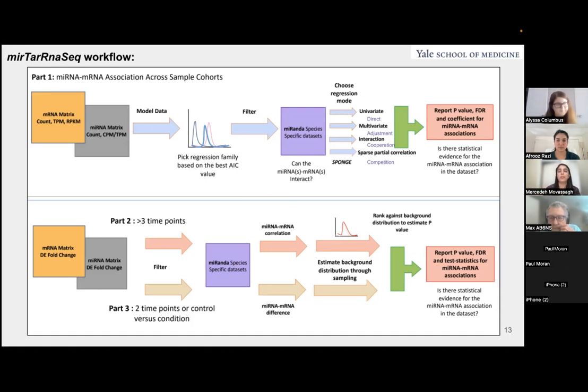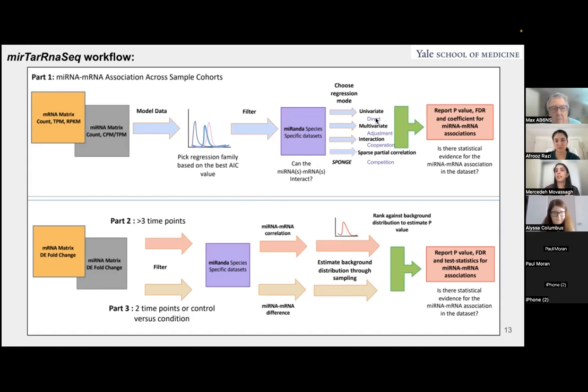So what you have to do is basically pick a model that best fits this relationship. So these all could fit to a distribution. So in order to pick the appropriate distribution, you have to basically model this relationship, pick the best model using AIC, which I'll give you a little bit of information on, and do some initial filtering to see if it is possible for this interaction to happen.